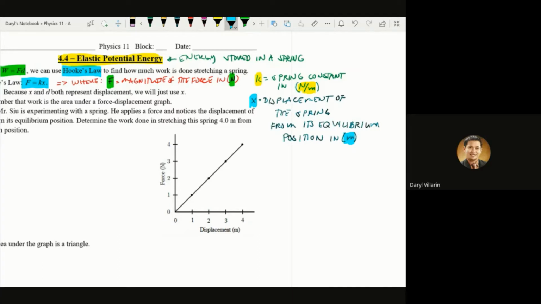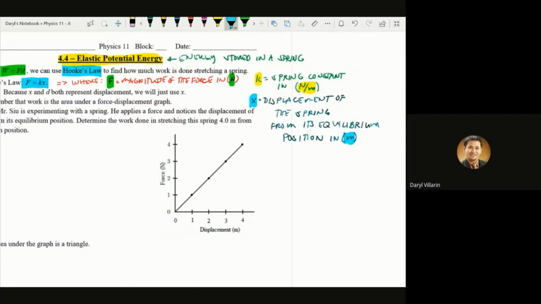For the spring constant, I will not give you another unit. We've only been talking about Newton as the unit of force, but there are actually other units of force also. Dyne is a unit of force, but since we haven't talked about that one, the spring constant will be given in Newton per meter.